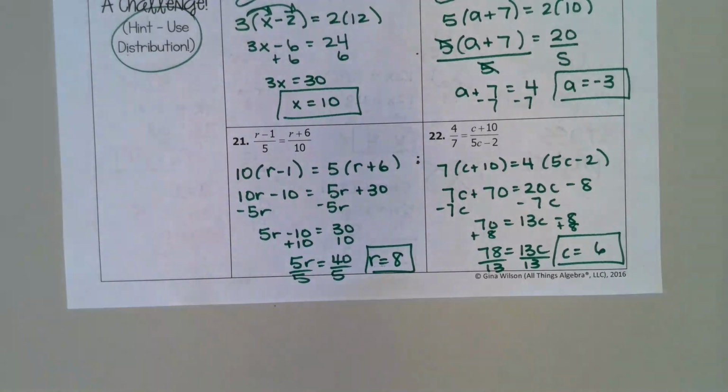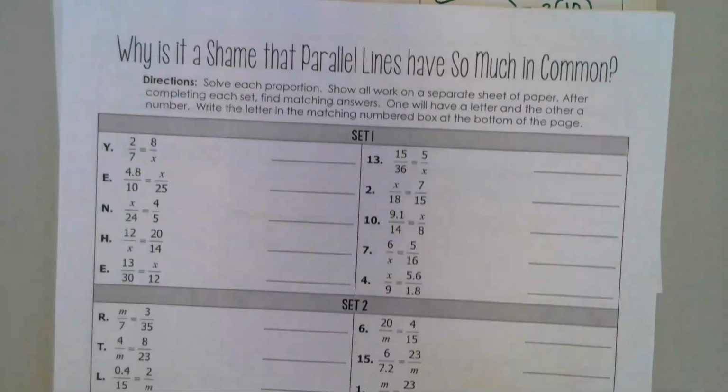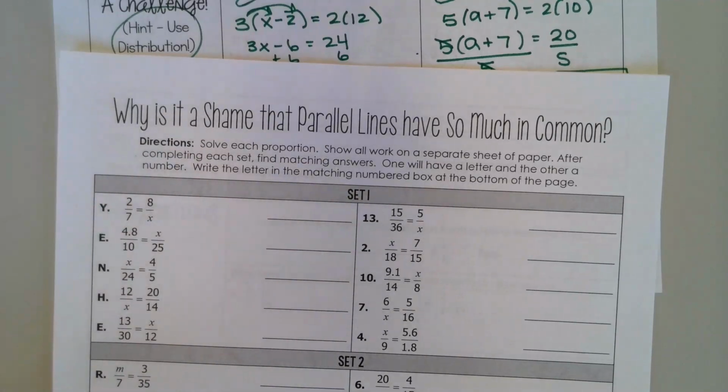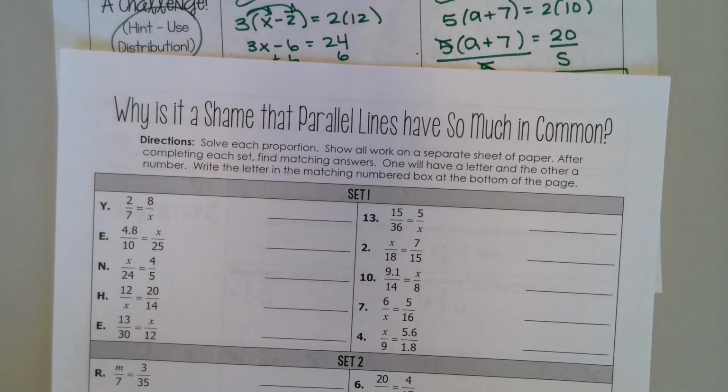All right, y'all, there's the last two. So go ahead and pause this if you need to, if you want to check your work. And then to do some practice, there's a riddle. So the riddle that you have in your binder, it says, why is it a shame that parallel lines have so much in common?